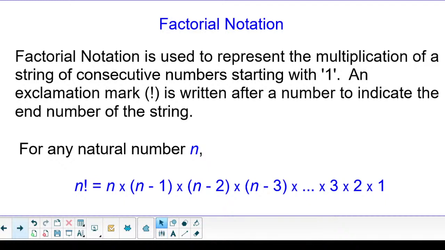An exclamation mark is written after the number to indicate the end number of the string. Factorials and permutations.